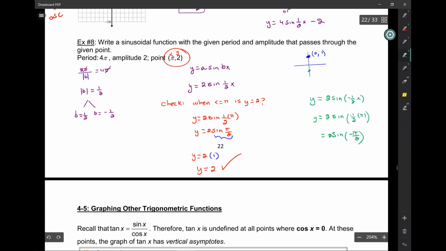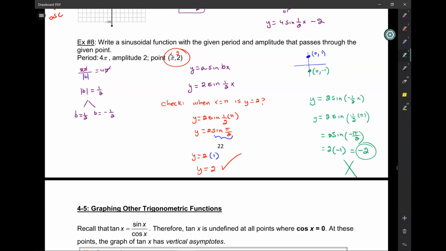What's the sine at negative pi over 2? The coordinates are 0, -1, so y over r would be -1. That would give you -2, so that doesn't work. You see that? That's why, when we had a choice of b being positive or negative, we have to choose the b that will give us the correct point.